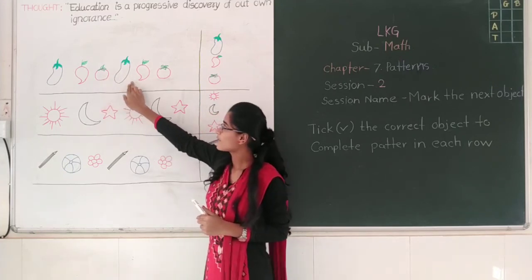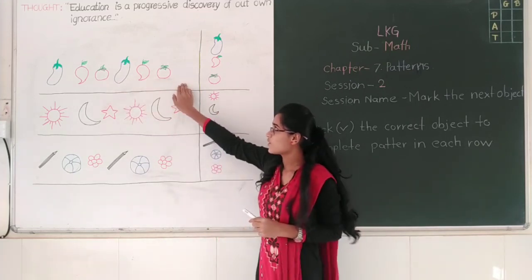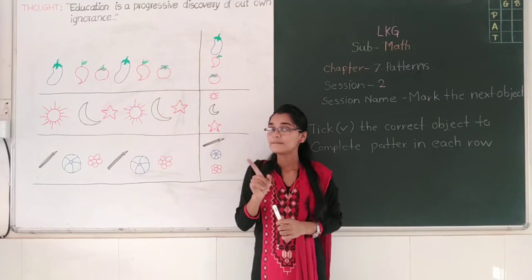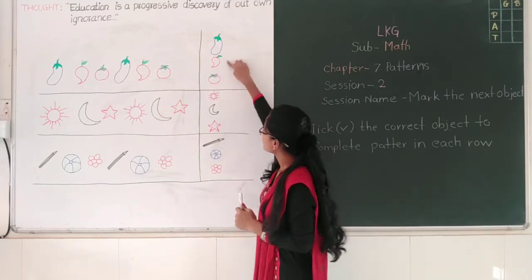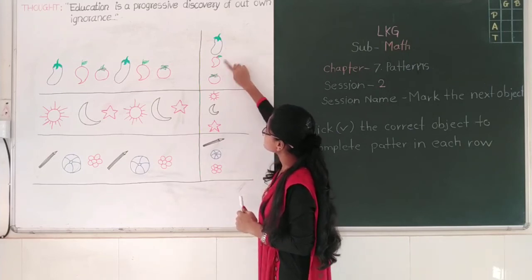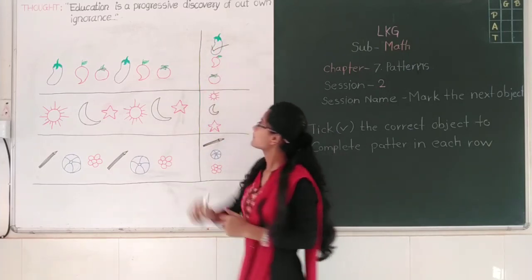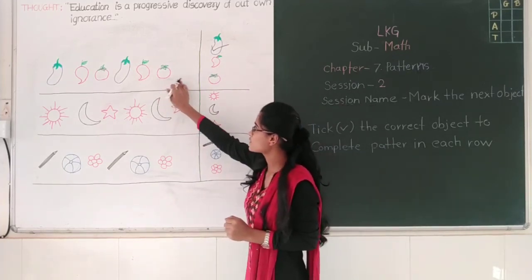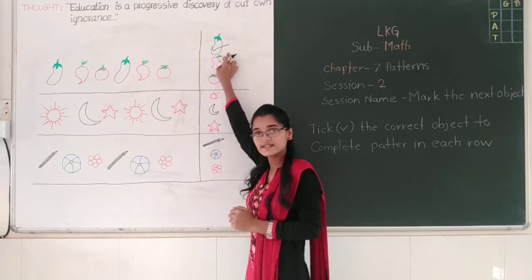So here also, after the tomato, I am going to draw one brinjal. Now look at here, where is the picture of brinjal? This is it, right? So you have to tick like this. Why? Because after the tomato, which picture will come? The picture of brinjal, right?